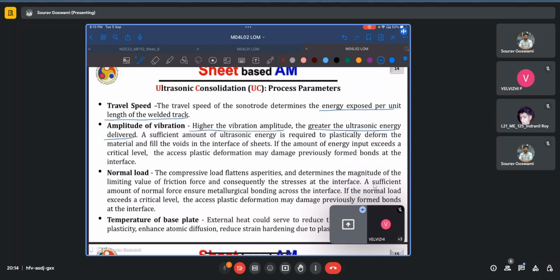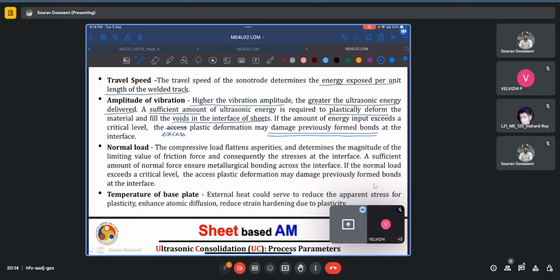A sufficient amount of ultrasonic energy is needed to induce plastic deformation and fill the voids present in the sheets. If too much energy is input by increasing the amplitude of vibration too much, then the excess plastic deformation may damage the previously formed bonds at the interface. So some cracking, or if the temperatures go too high, even some melting may occur, which is undesirable.